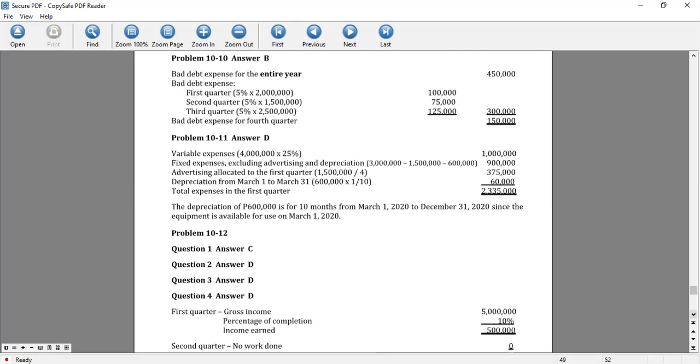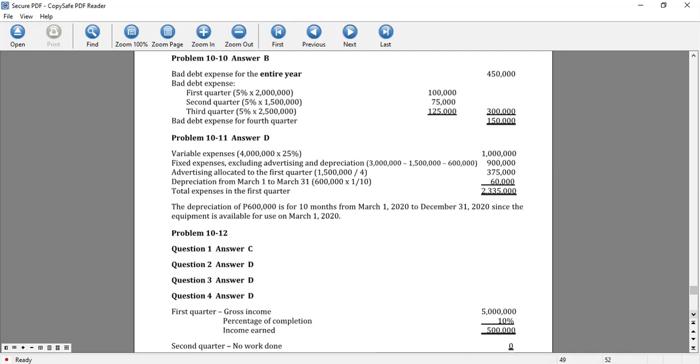2,335,000. Now you have the explanation of how this depreciation of 60,000 was arrived at. So in other words, that's your total of 2,335,000.